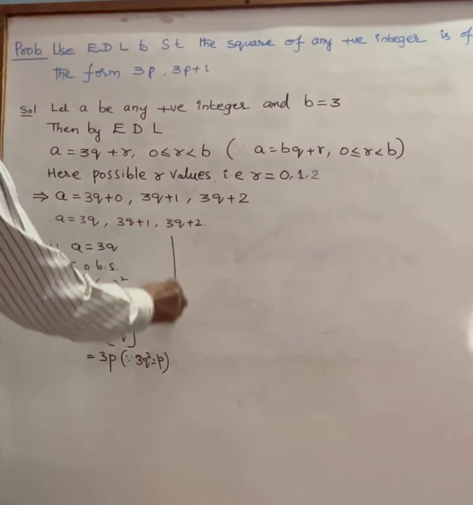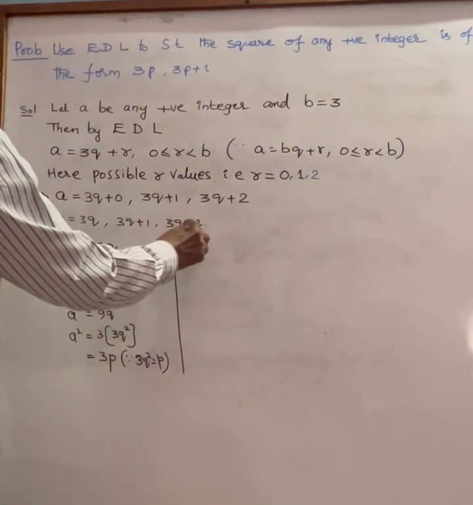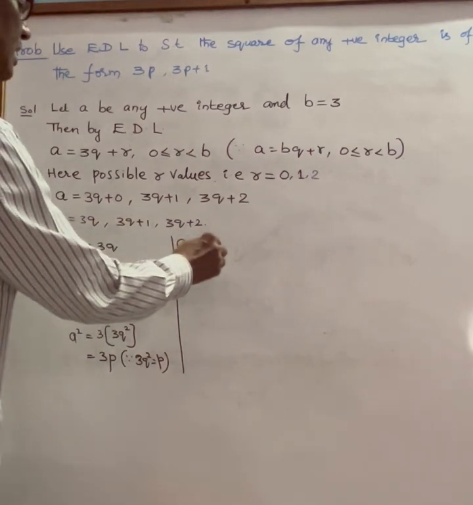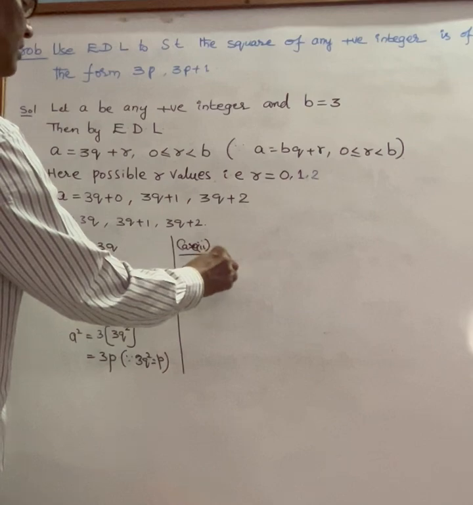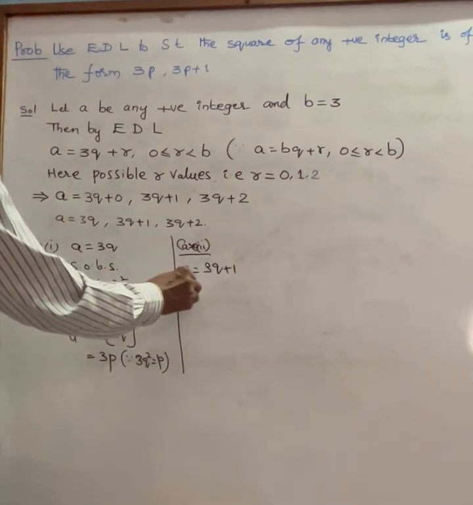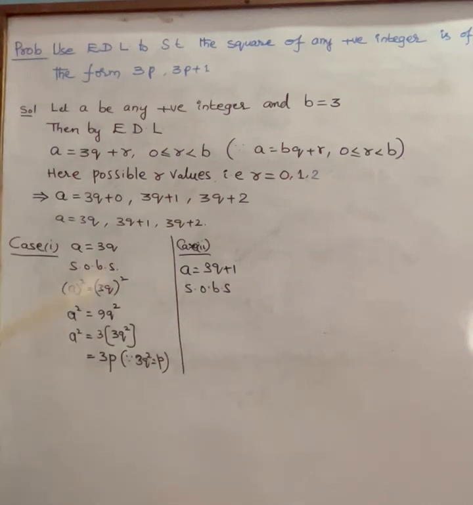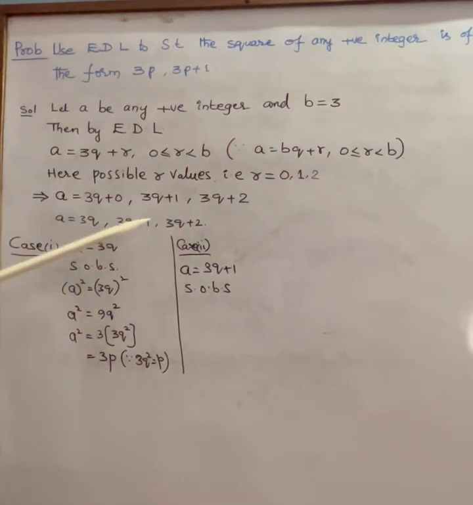Now take case 2. In case 2, consider the positive integer as 3q plus 1. Here also squaring on both sides. Why? We have to prove the square of any integer. These are the integers. That's why we are squaring.